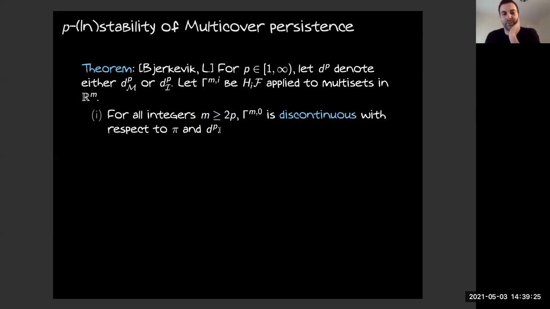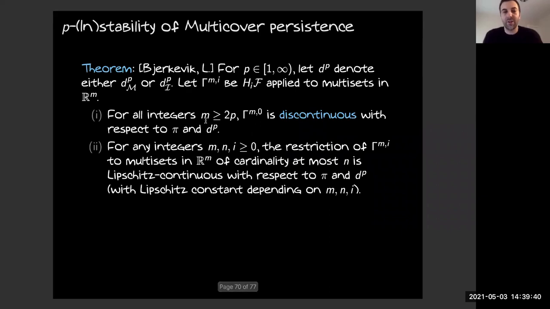So in particular, if you take p equals 1, then you can take m, your embedding dimension, to be 2. So you have this discontinuity result. So in this realm, this is really unstable in that sense.